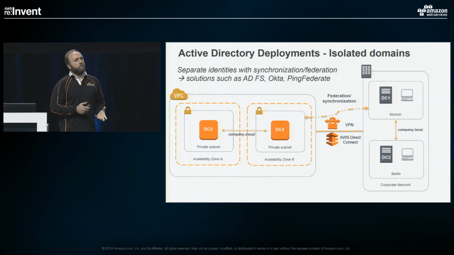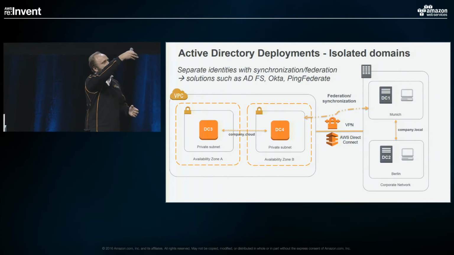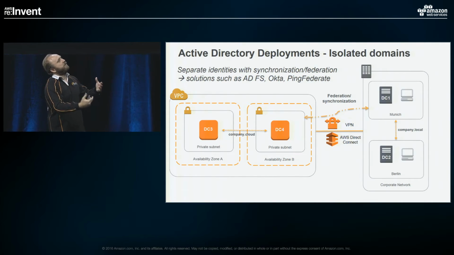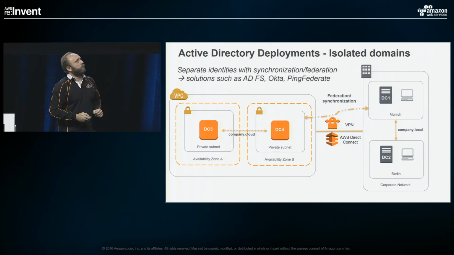Those of you that have been working with cloud in the past and various different cloud platforms, this was one of the common patterns, where you can establish federation. You would have your ADFS proxies, and you establish federation as well as synchronization to the Active Directory deployed on the AWS side, and then you would be accessing it via those federated identities.